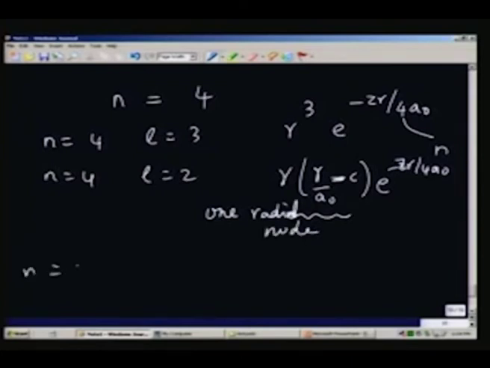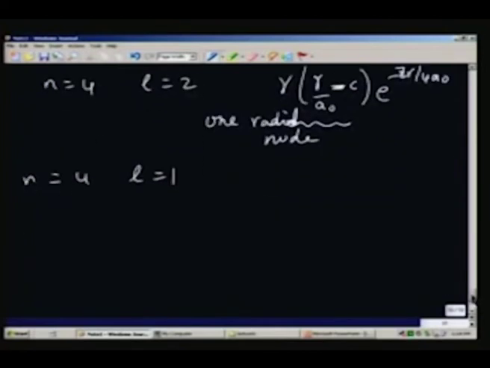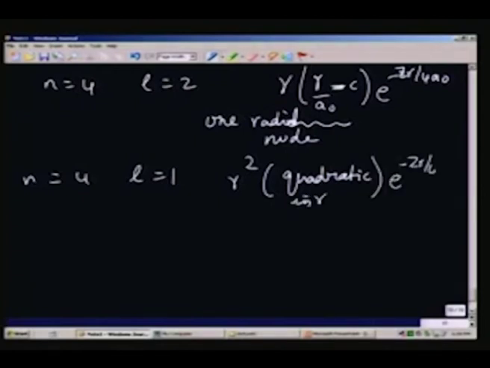For N equal to 4, L equal to 1, when you do the mathematics and expand the polynomials rightly, it is R square times a quadratic in R multiplied by e to the minus ZR by 4 A naught, two radial nodes.